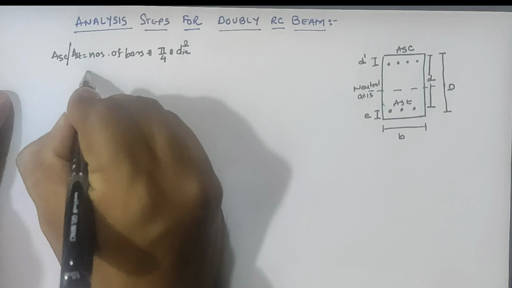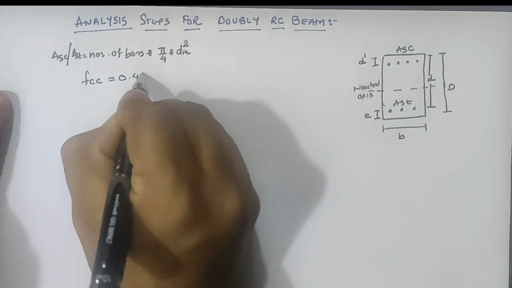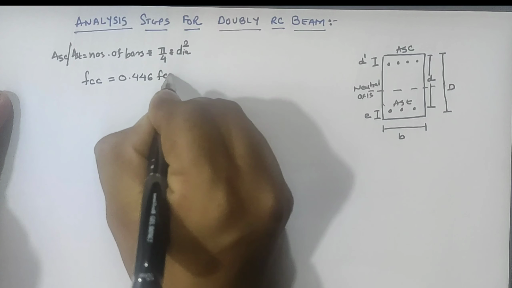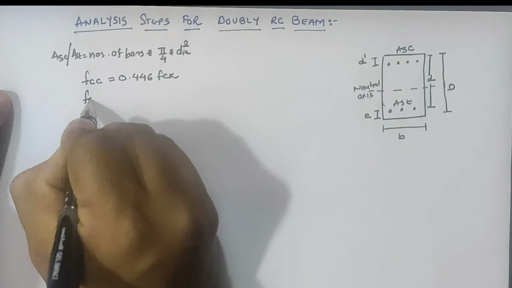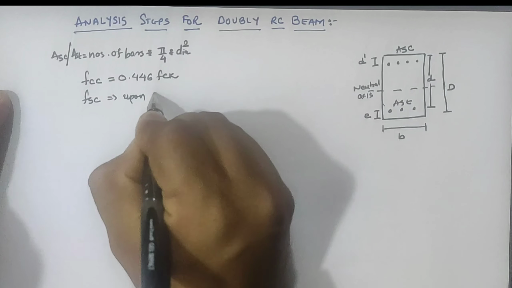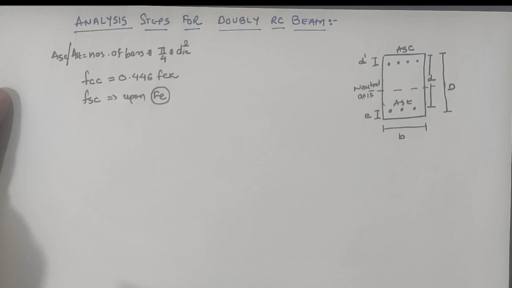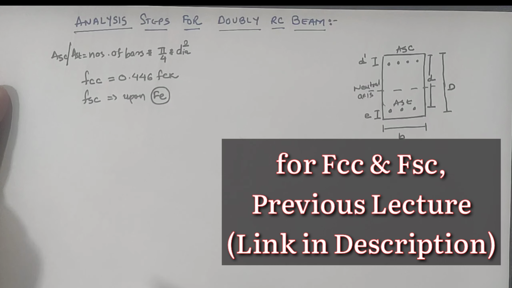Another part required is the value of fcc, which is equal to 0.446 into fck, and the value of fsc depends upon the grade of steel provided. We learned about fsc in the previous lecture, and the link for the same is in the description.